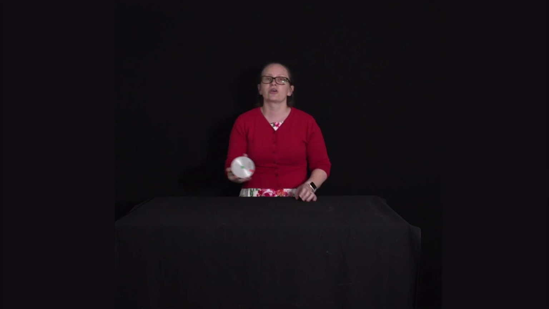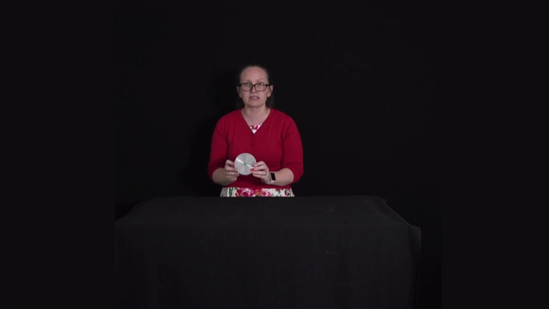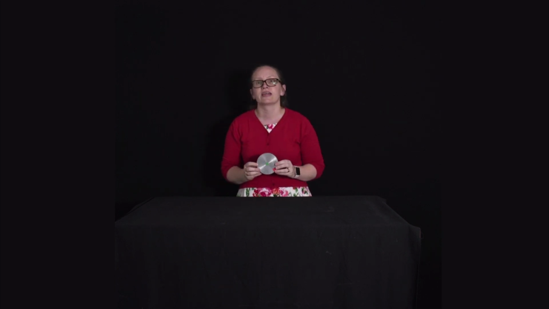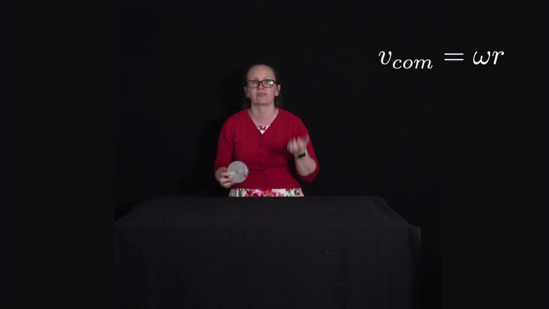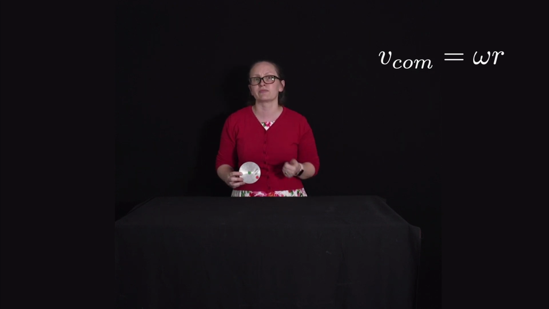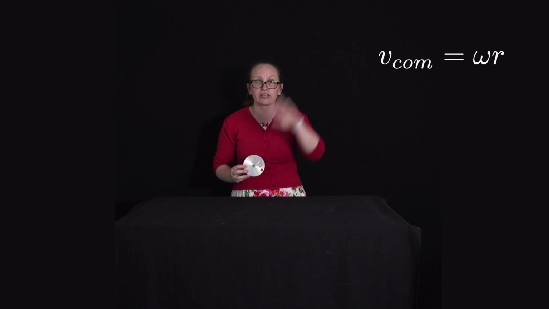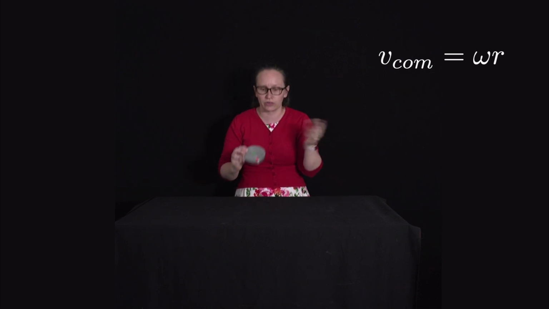So how do we describe this motion? Well, it helps to consider the translational motion and the rotational motion separately. So the translational motion tells us how the center of mass of this object is moving through space. So the speed of the center of mass of a round object is given by V of the center of mass is equal to omega r, where omega is the angular speed of the object. So we saw this equation before when we were looking at circular motion, and that's no coincidence.